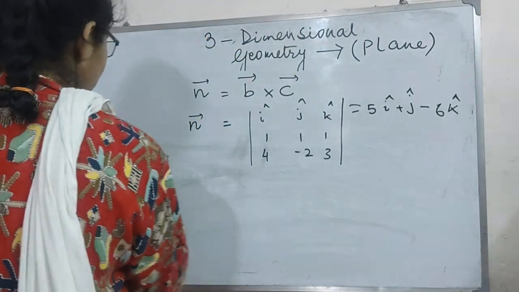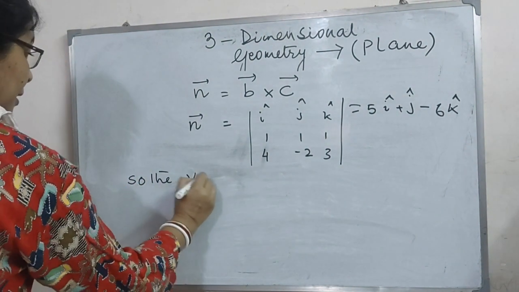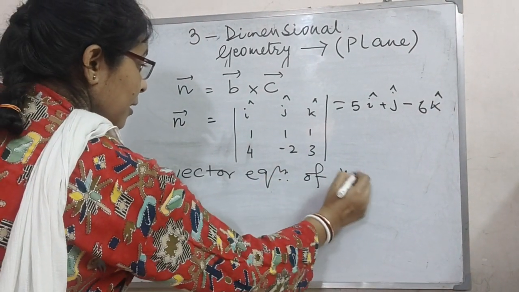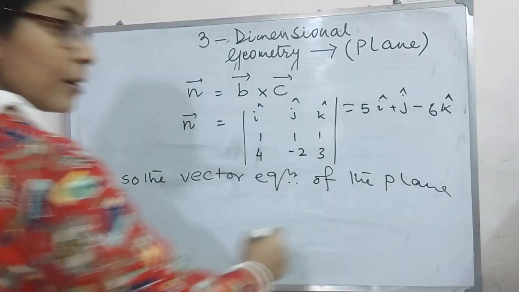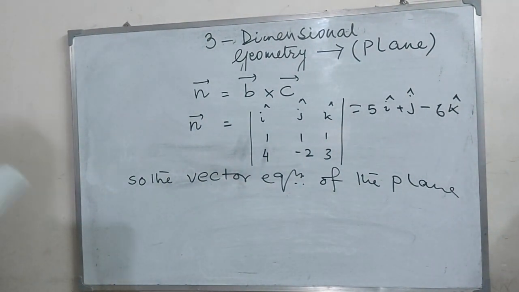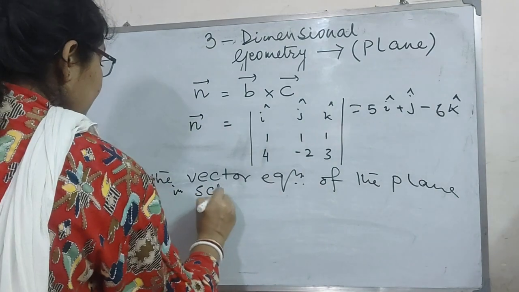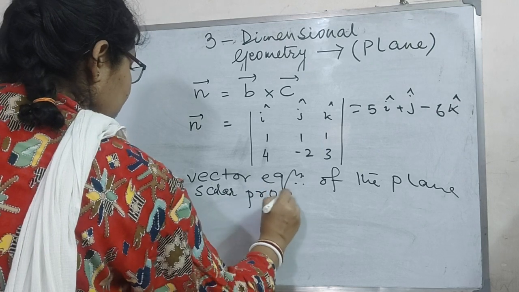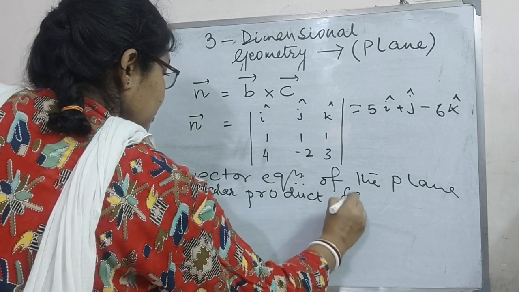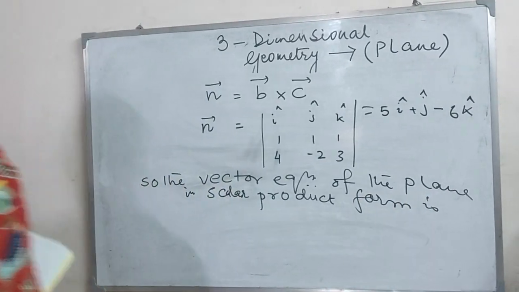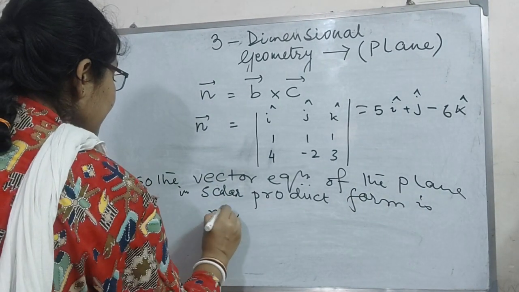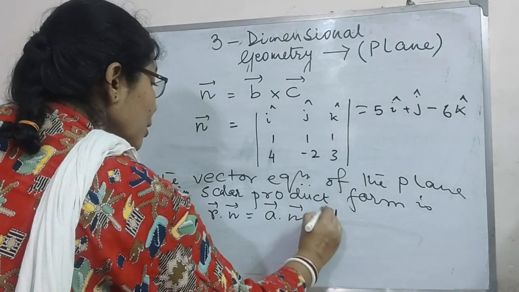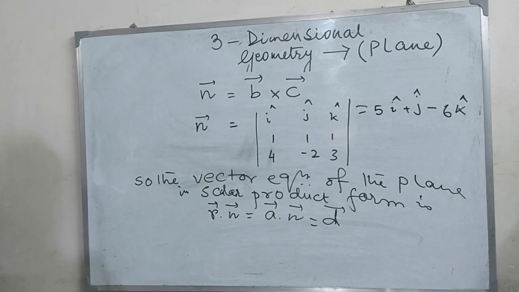So the vector equation of the plane in scalar product form is r dot n equal to a dot n, this is equal to d, we know it.